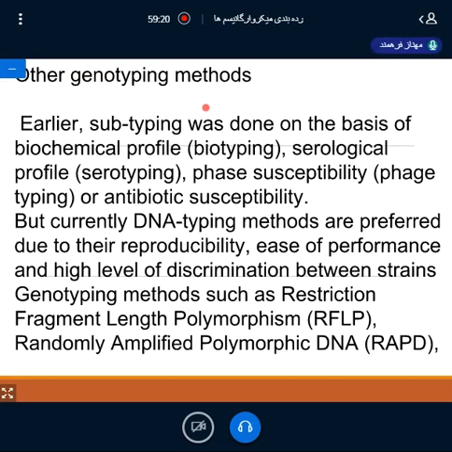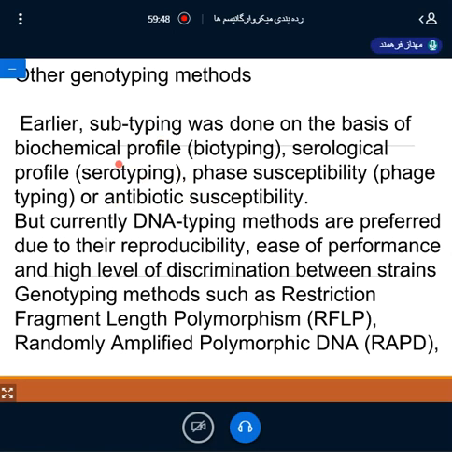Other genotyping methods. Earlier, subtyping was done on the basis of biochemical profile, or biotyping, serological profile, or serotyping, phage susceptibility, or phage typing, or antibiotic susceptibility. So all of these techniques are typing methods too.